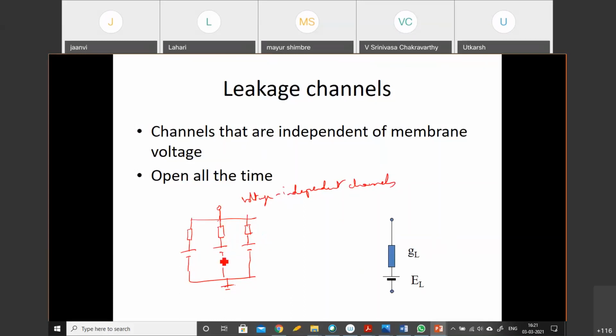Now from electrical circuit theory, you probably studied it in your first year electrical engineering course, when you have a bunch of circuit elements like this, you can combine all of them into just one simple series of a conductance and a battery. This is incidentally called the Thevenin equivalent.